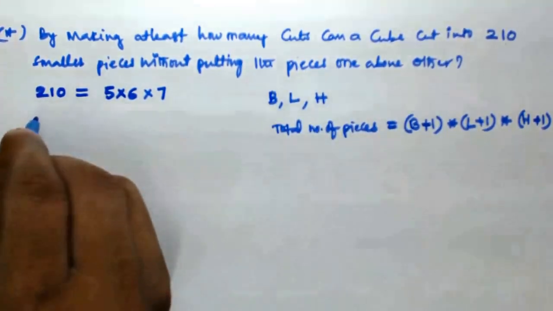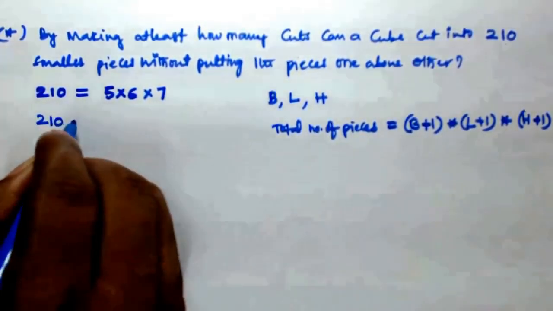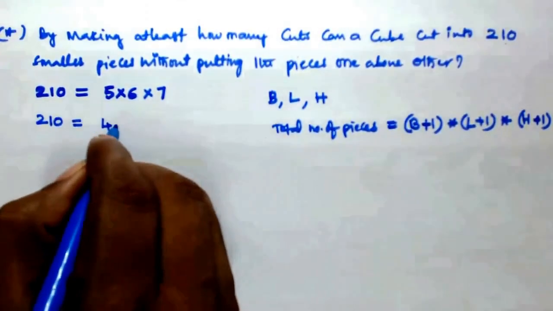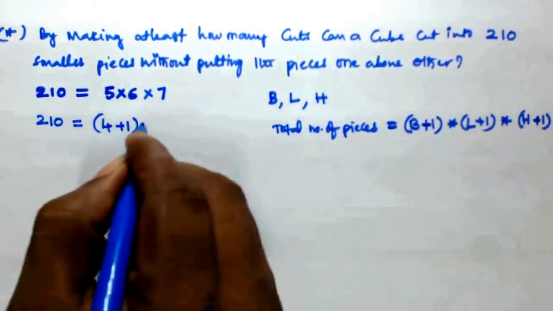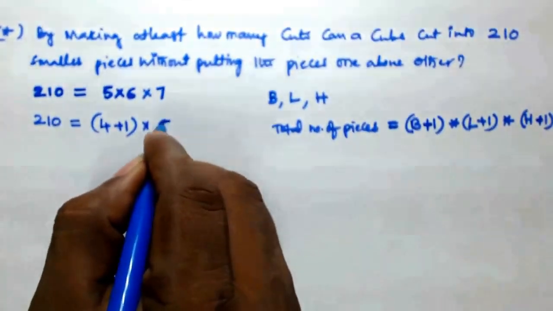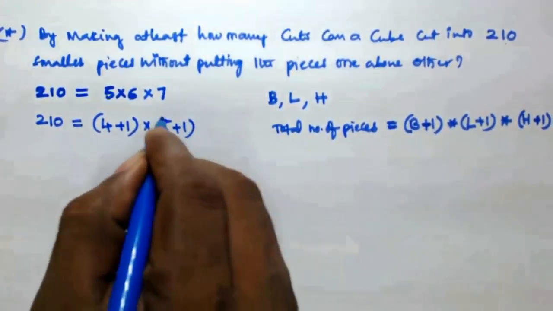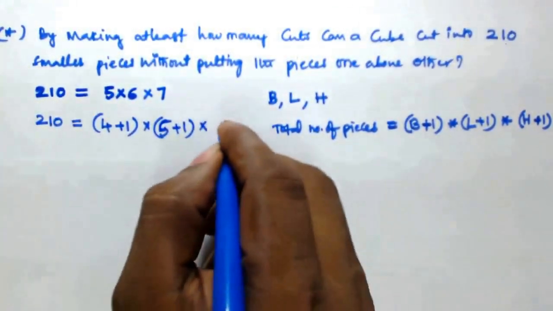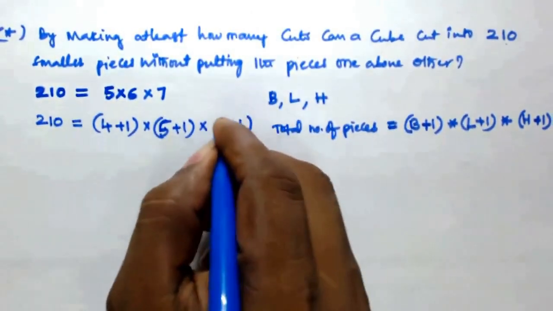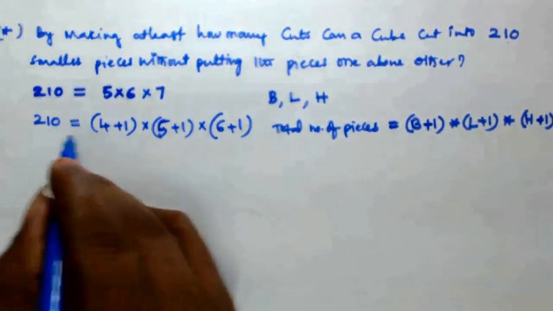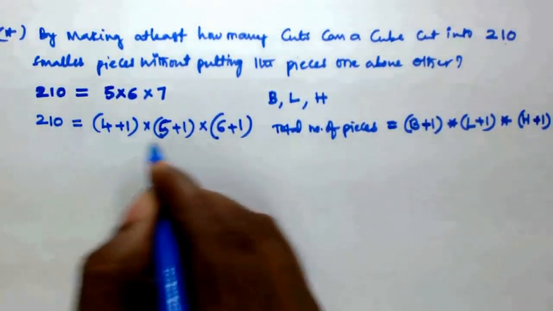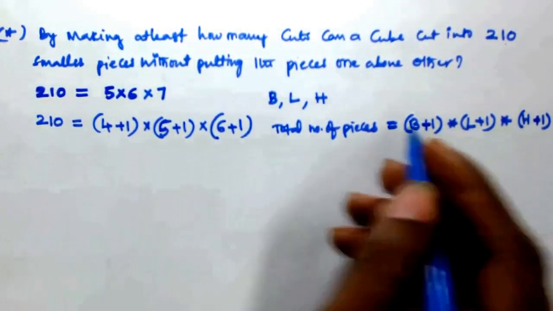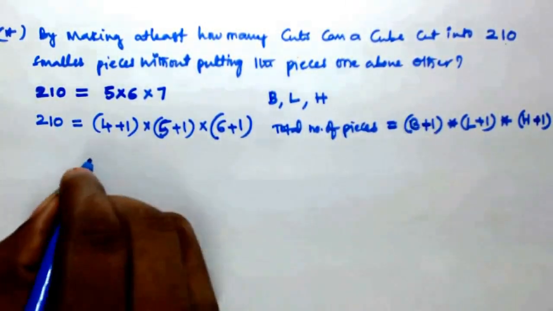So now this same equation can be written as 210 equals 4 plus 1 into 5 plus 1 into 6 plus 1. If we equate this equation with the formula, then we get B is equal to 4.